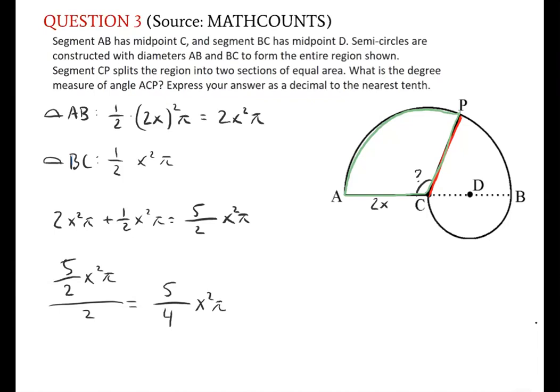Now, here's what we know. We know that if we can make a 90-degree angle here, then this angle is 90 degrees. Okay? If this angle is 90 degrees, then we can actually find out this smaller area.